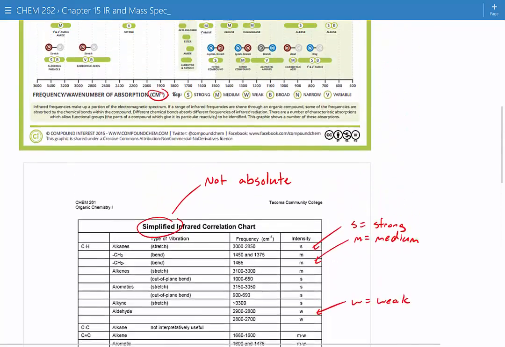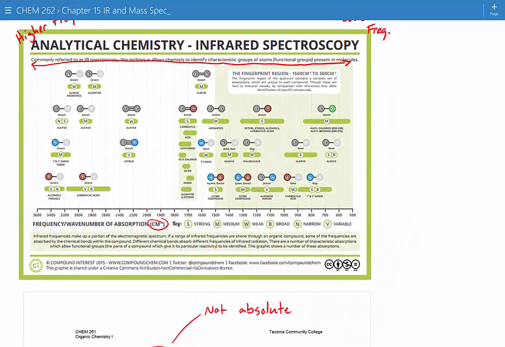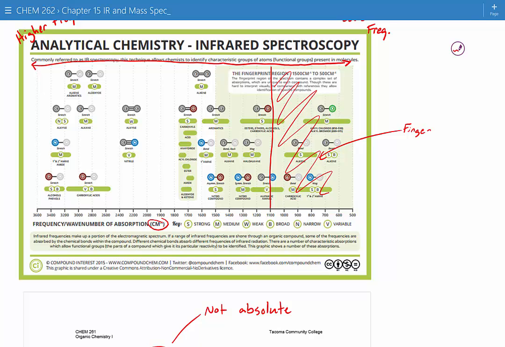One other thing I will tell you guys is typically below about 1,000, I call this whole region over here the fingerprint region. The reason this is called the fingerprint region is that it's not really that useful interpretively because there's so much going on in it. There are a ton of CH bends and stretches that go on there. And oftentimes it looks like grass.